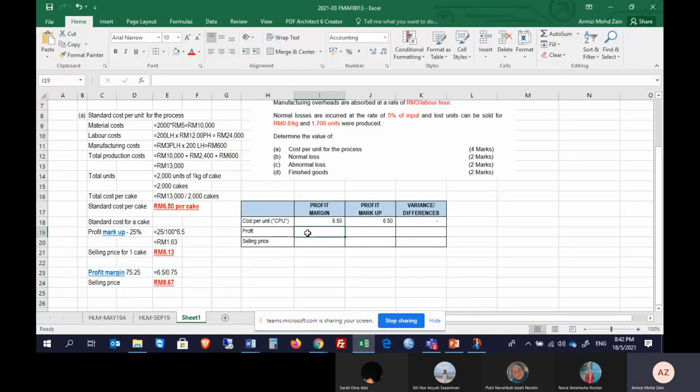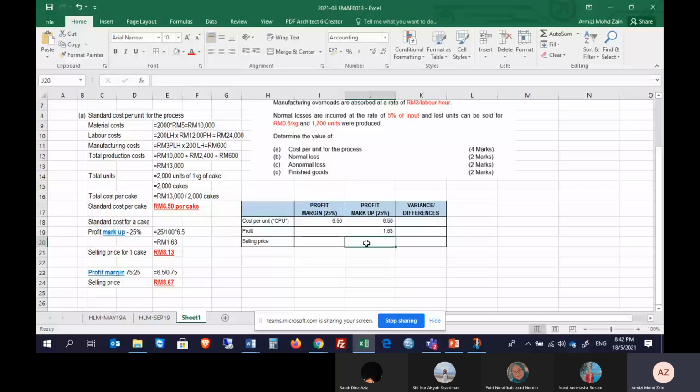Okay, kalau this one profit dia, profit margin of 25%, atau profit margin 25% ya. Ini profit markup 25%. Different ya. Okay. Profit markup dia ambil je ni, you times dengan 0.25, ataupun you times dengan 25%.